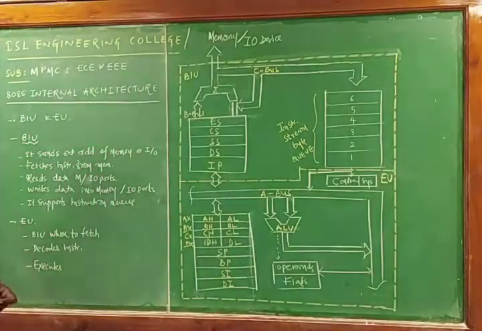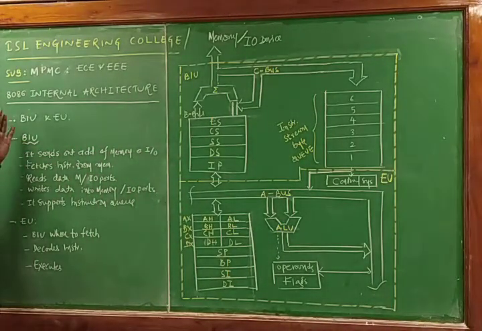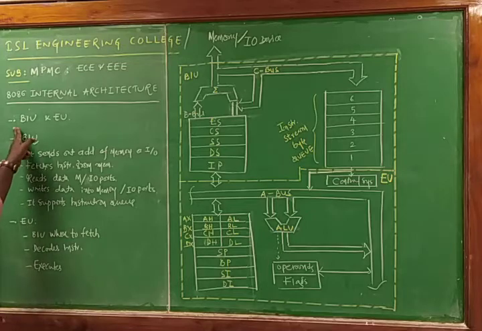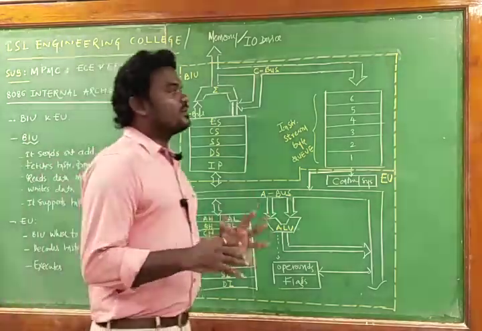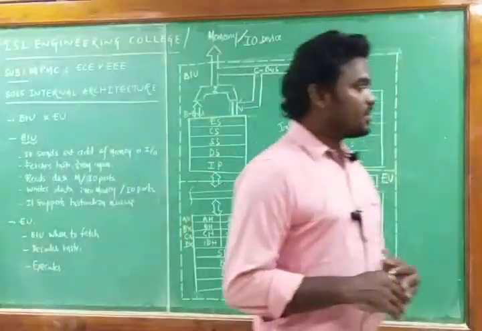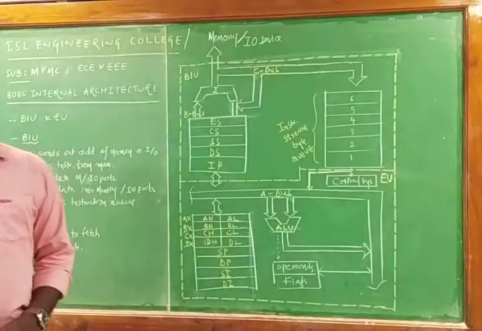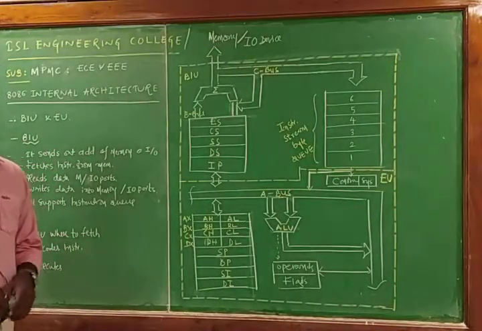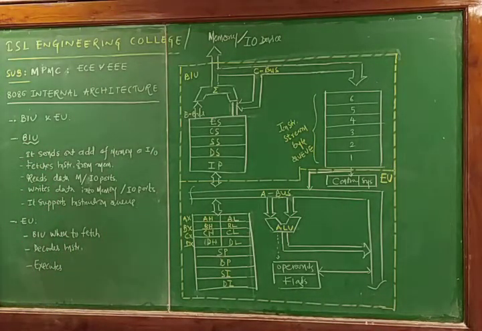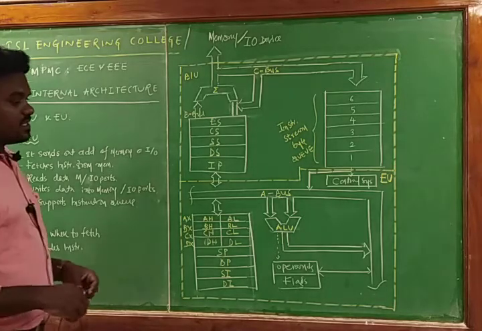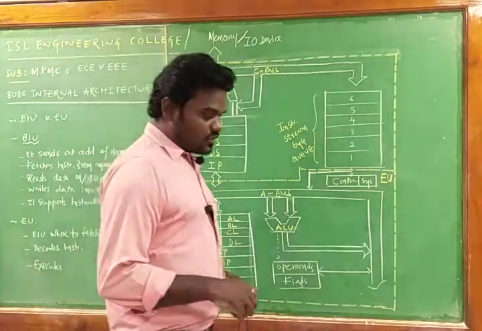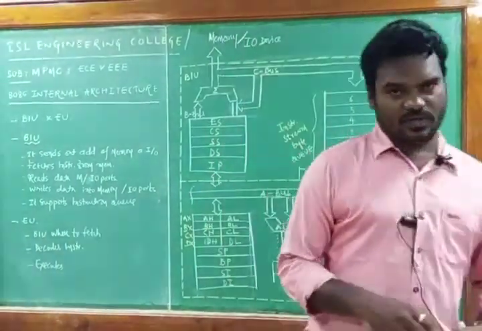We are going to study what the functions of the bus interfacing unit are and what the functions of the execution unit are. The bus interfacing unit and execution unit combinedly perform the operations in order to increase the speed of the processor. The speed of the processor is the number of instructions executed per unit time, which is called throughput.